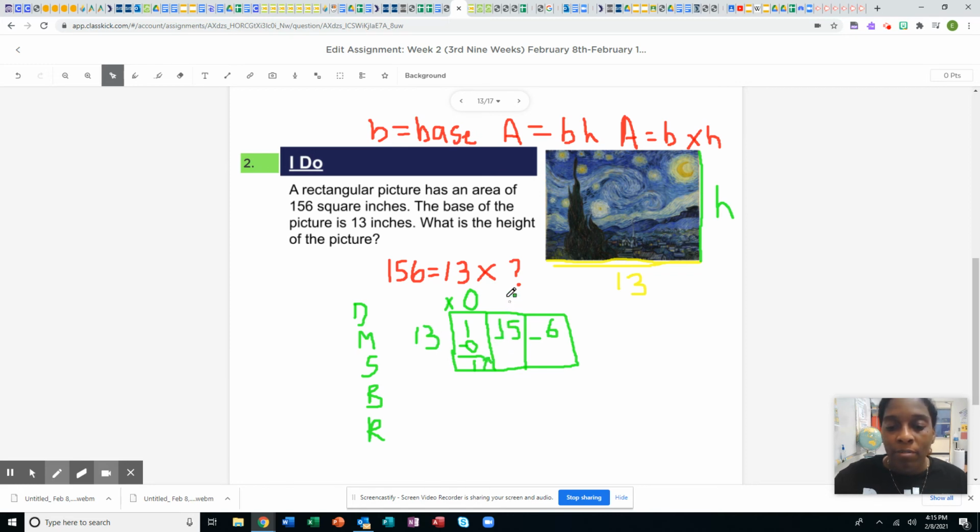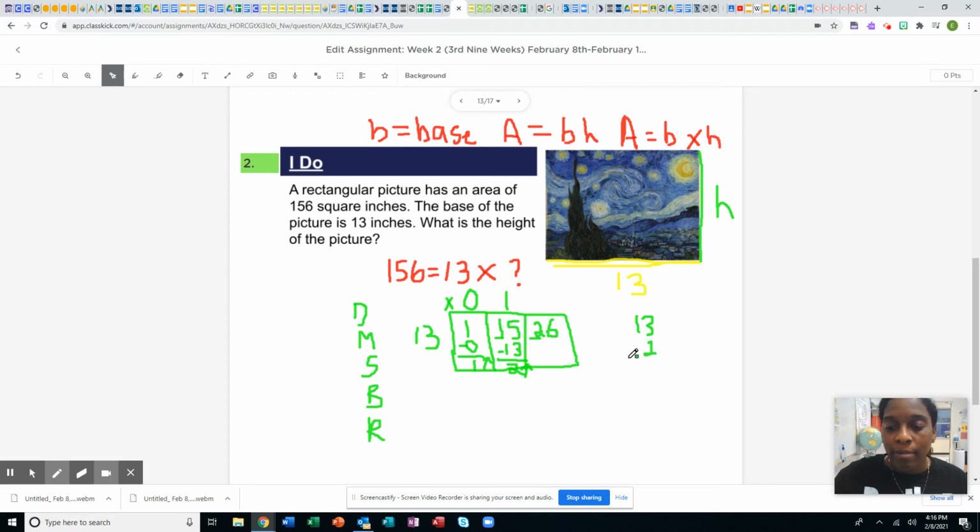13 goes into 15 one time, so we can get one group of 13. 13 times 1 is 13. We subtract. 5 minus 3 is 2. We bring over and repeat. Okay, now I know 13 times 1 is 13.